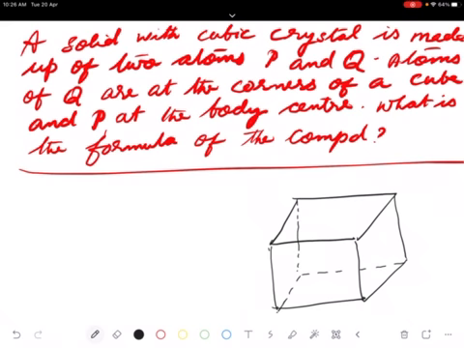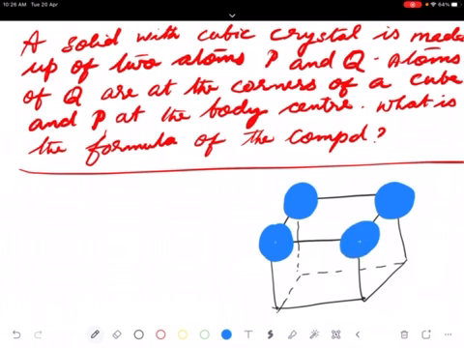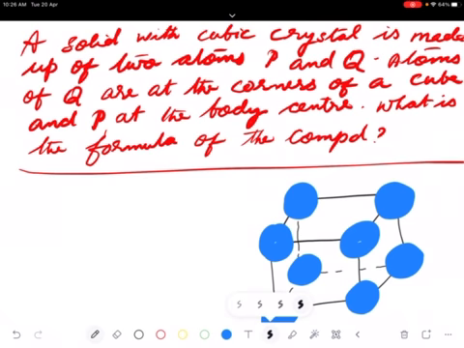Q at the corners. Cubic close packing it is. So from each corner it will be 1 by 8, like that from each blue 1 by 8. So the number of atoms of Q, that is 1 by 8 into 8, 1.